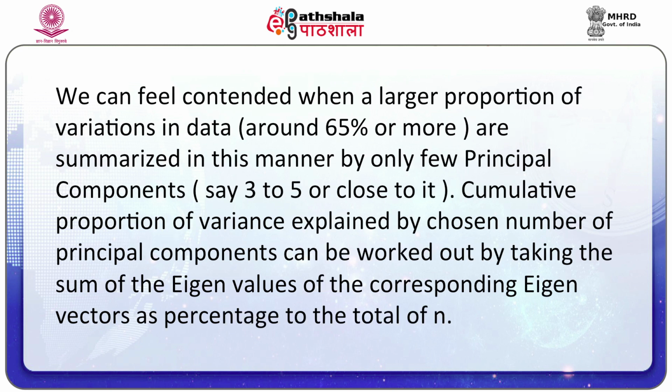We can feel contented when a larger proportion of variations in data, around 65% or more, are summarized in this manner by only a few principal components, say 3 to 5 or close to it. Cumulative proportion of variance explained by the chosen number of principal components can be worked out by taking the sum of the eigenvalues of the corresponding eigenvectors as a percentage of the total of n.